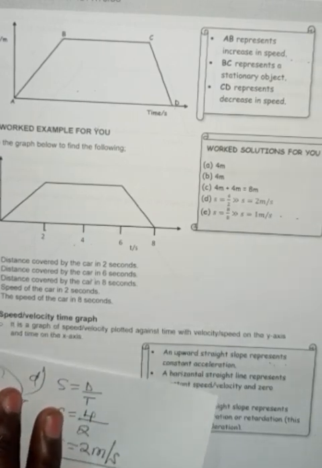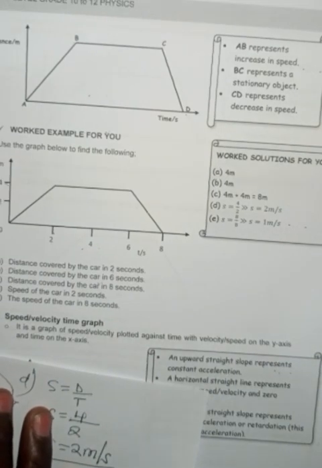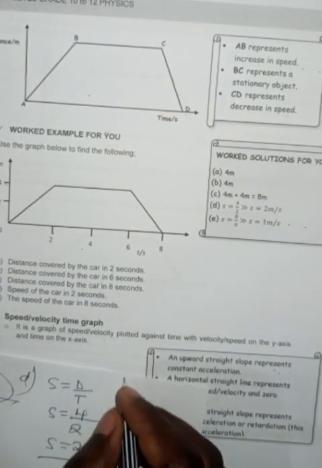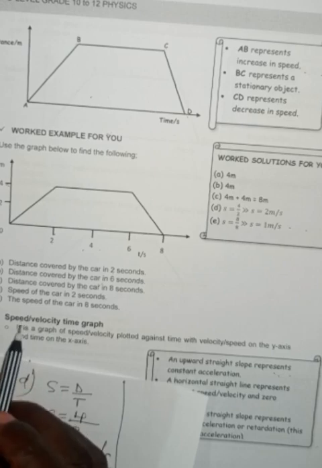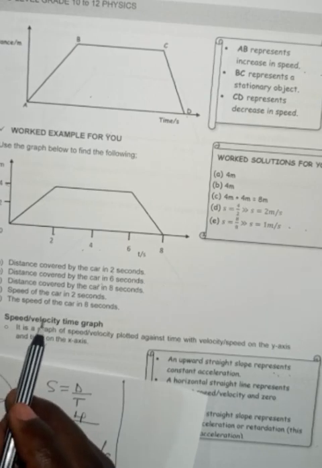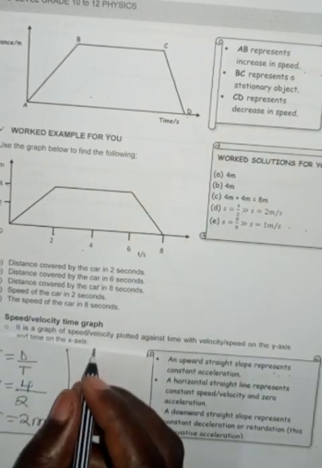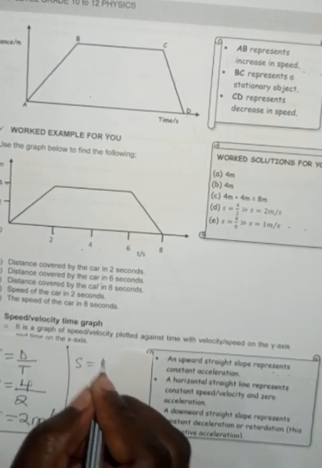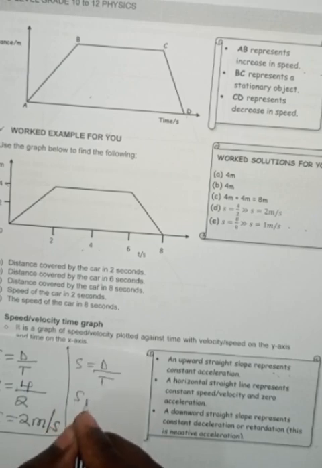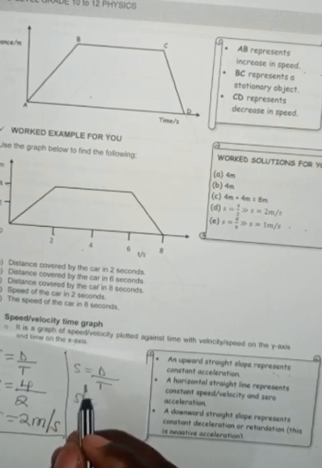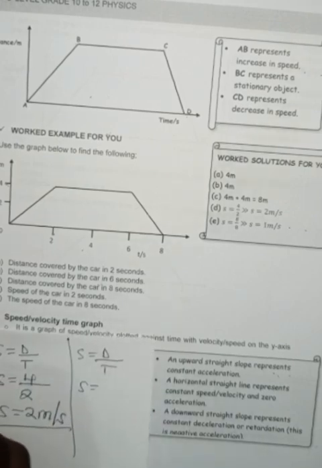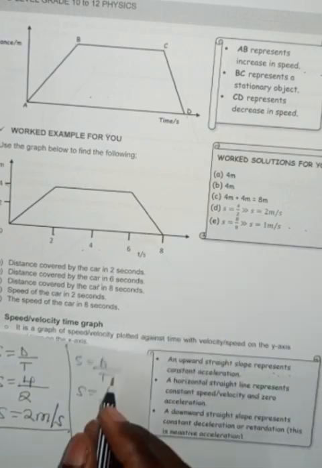Let's come to E. What is our E? E is saying find the speed of the car in 8 seconds. Again, you use the formula: speed is equal to distance over time. What is the total distance? The total distance was found to be 8 meters, in 8 seconds.